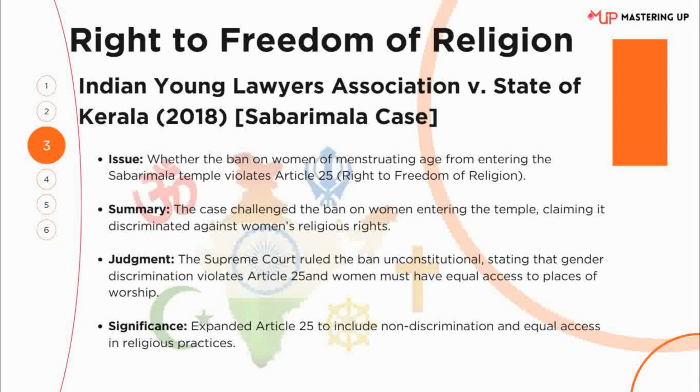Related to the fundamental right to freedom of religion, the Indian Young Lawyers Association versus State of Kerala, case of 2018, also known as Sabarimala case. The key issue was whether the ban on menstruating women entering the Sabarimala temple violated Article 25, the right to freedom of religion.